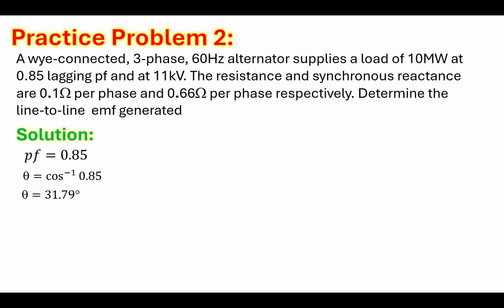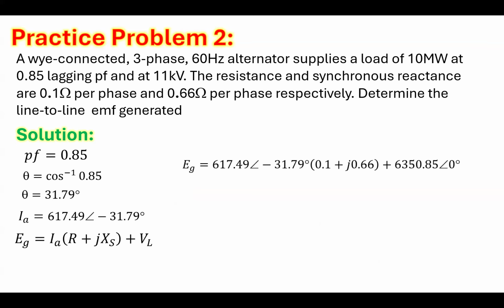So using the data, the armature current will be 617.49 angle negative 31.79 degrees because this is a power factor of 0.85 lagging. So using our first equation for the generated voltage expressed in complex form, then substitute all the values given from the problem and from our solution.